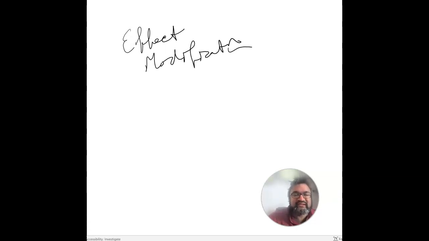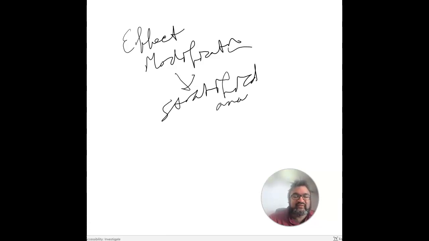Now, let's say we want to do effect modification. Before I start talking about this, there are actually multiple ways that you can calculate or understand effect modification. The way I like to do this is a stratified analysis. What that means is that you're looking at the main relationship, and then you're looking at a stratified relationship.